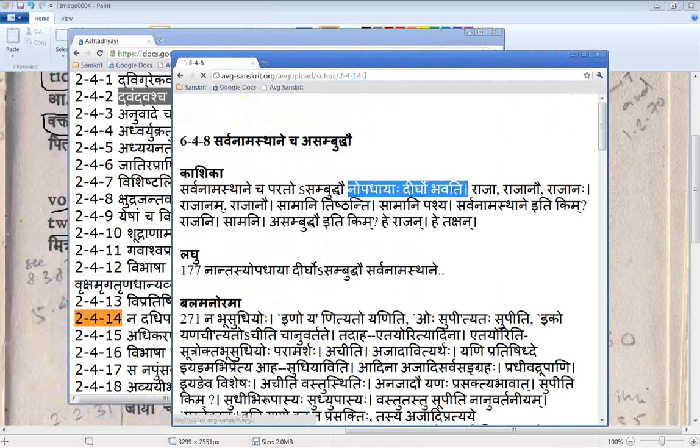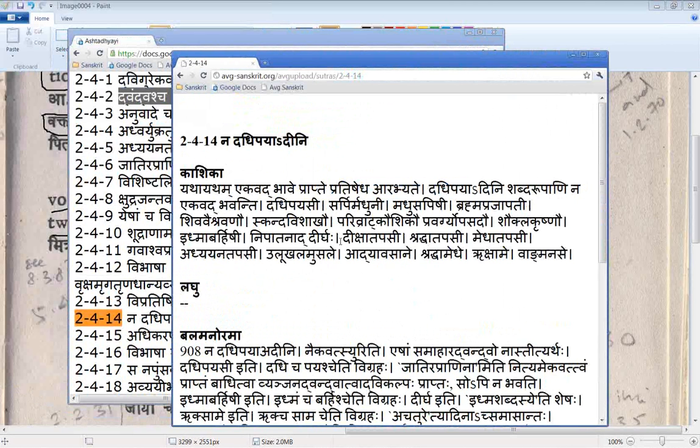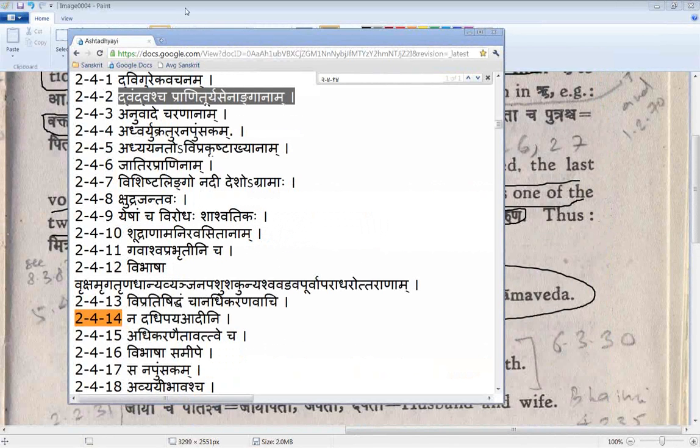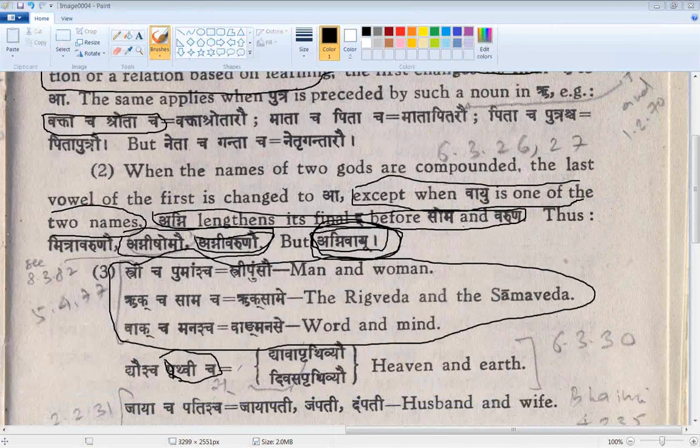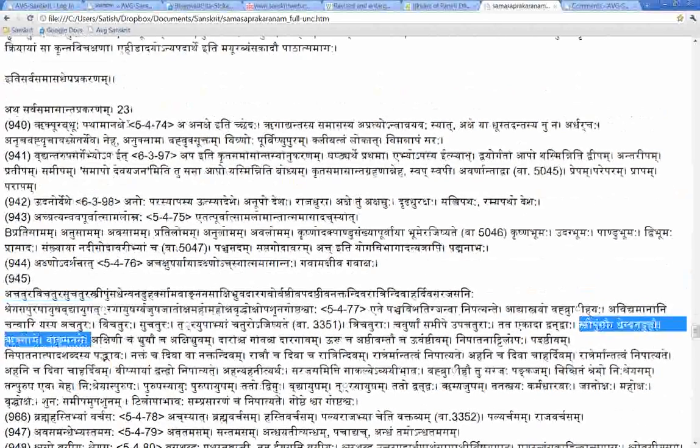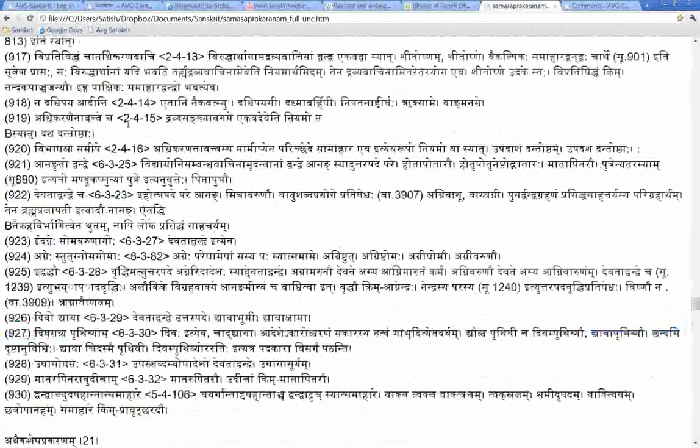Actually, in Kaumudi, Satyaji, it was added there, Vang Manase. If you look at Kaumudi for the Sutram 2.4.14, it will come a little early on the same page. Nadadipayadini, so Vang Ruksame Vang Manase.